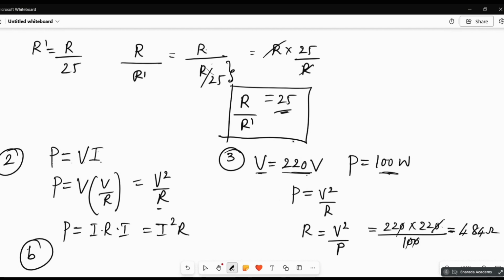Now they decrease the voltage to 110 volts. So what will be the power consumed now? I can use the same formula. I know the voltage, and I know the resistance will not change for the given setup.